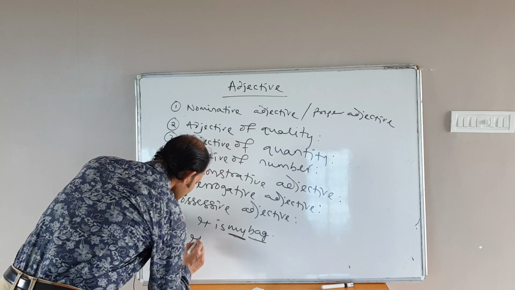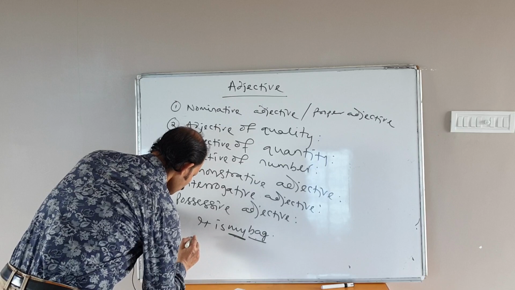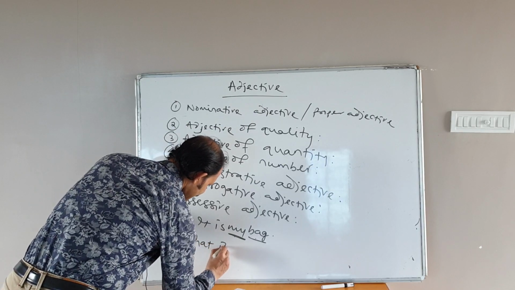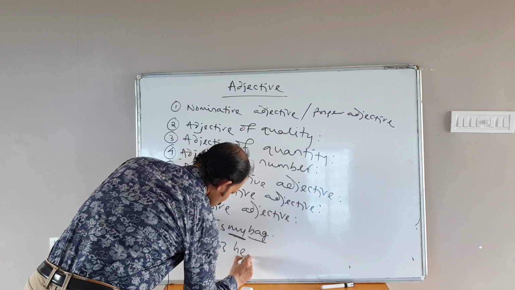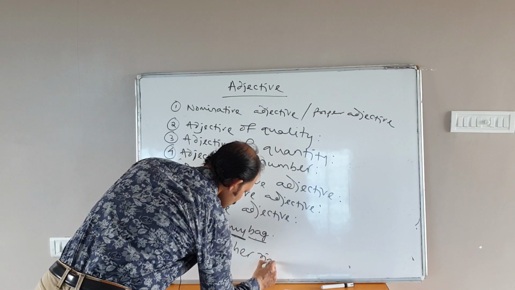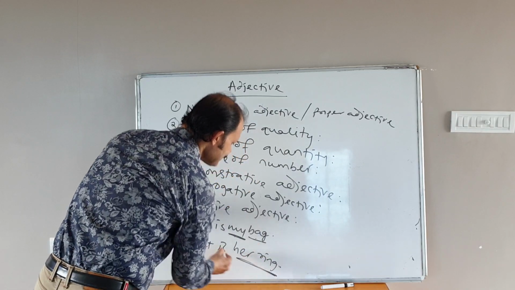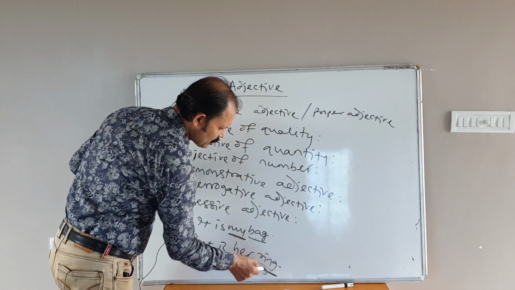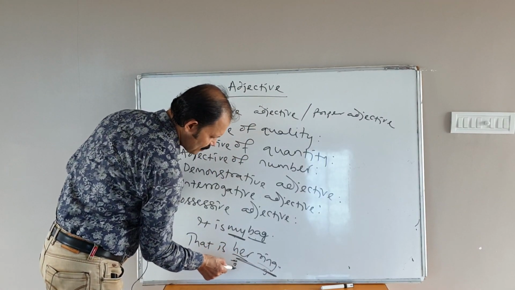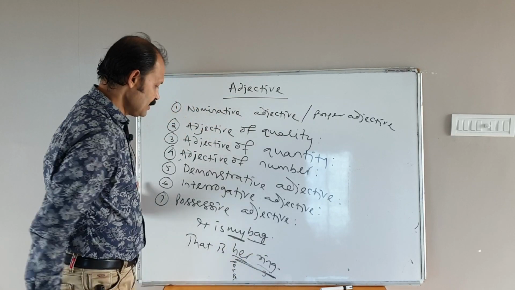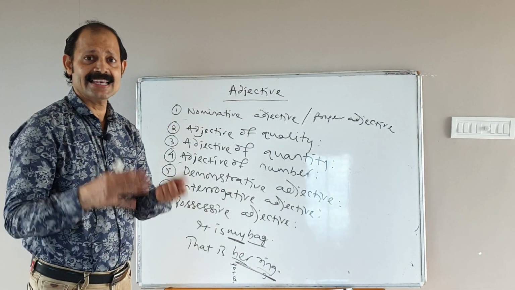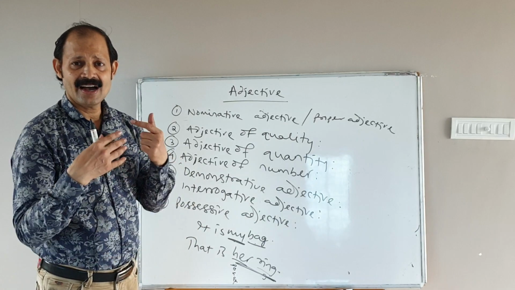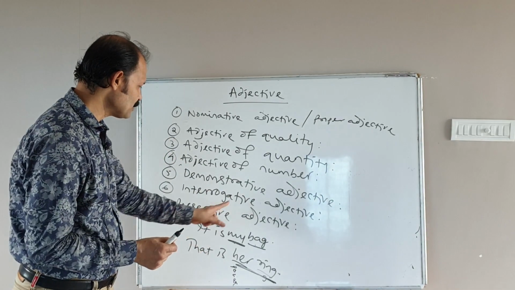Similarly, suppose, that is her ring. Here her ring is the noun phrase, where ring is the noun and her is the possessive adjective. So my, our, your, his, her, its, their, all such words are possessive adjectives.